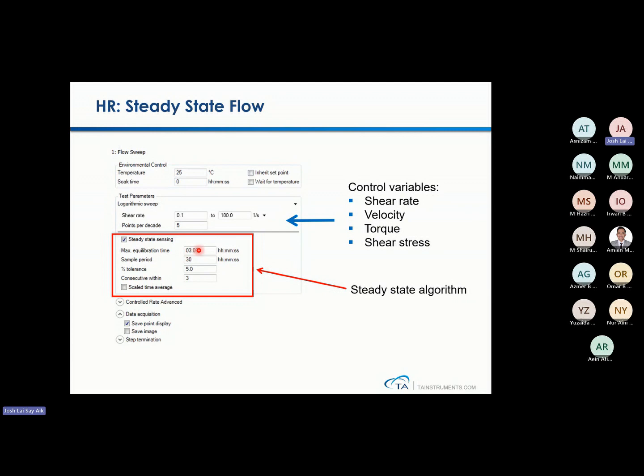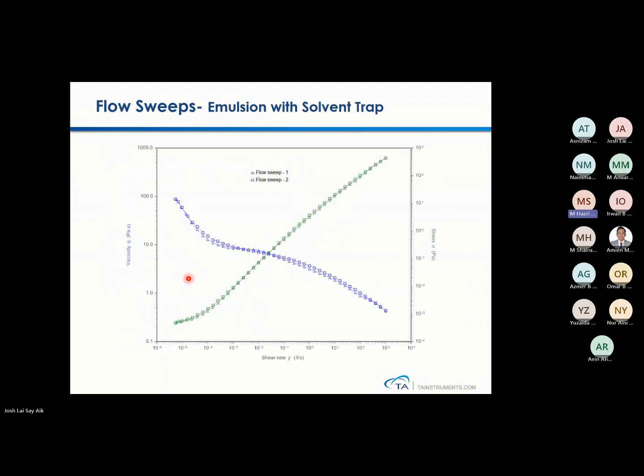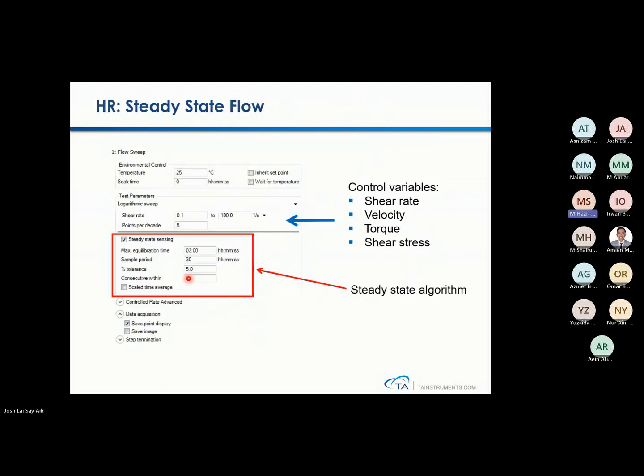Of course, the longer the time means you have a higher chance to reach this criteria, because some of the customers require many numbers of points. So when we set, say, 3 minutes per point, it requires longer time, right?